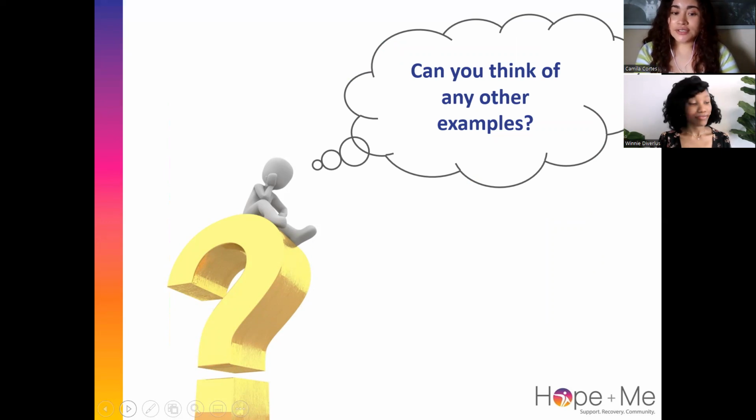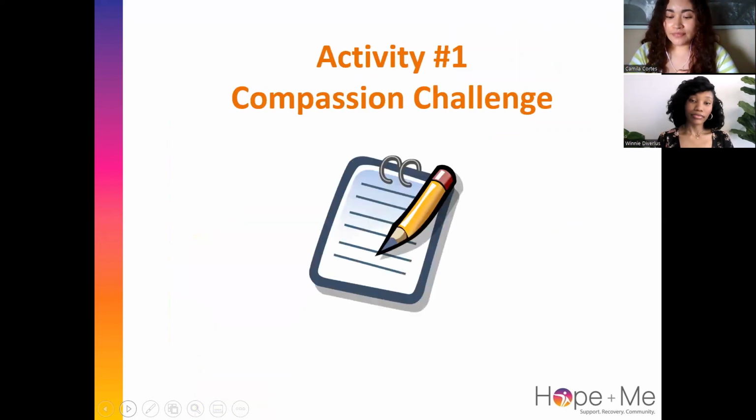We're going to challenge ourselves this week with the next activity. We are going to try and be compassionate every single day. The first activity is called Compassion Challenge, and it is on page 3 of the manual. And as we talked about, compassion is about being concerned about the feelings of other people when they are having a hard time.